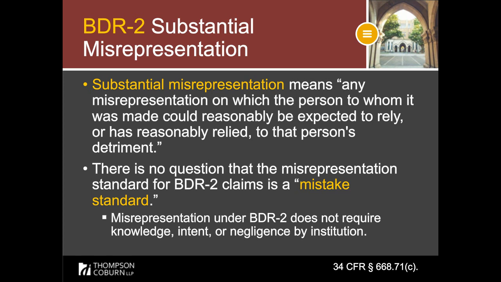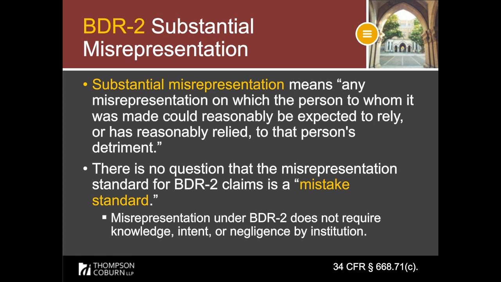And that definition does not include any concept of intent or negligence or anything along those lines. It's just if you said something that has a tendency to deceive or could be determined to deceive, it's a very low threshold.